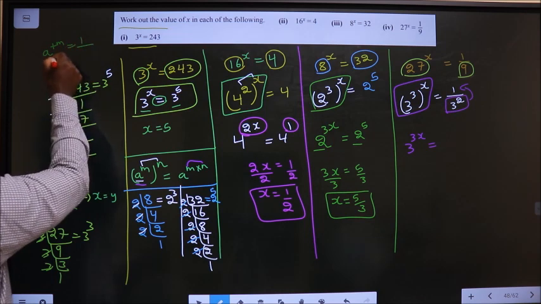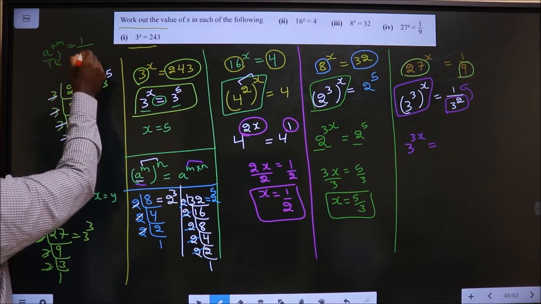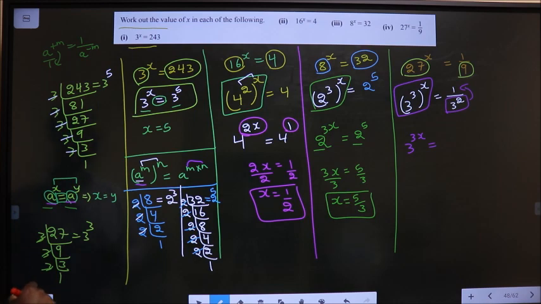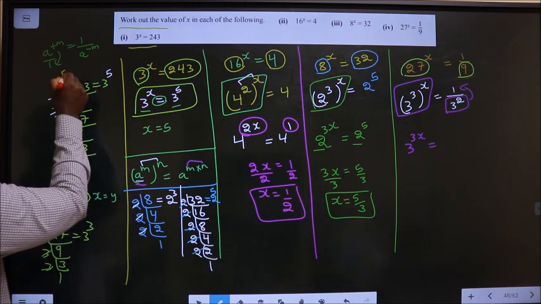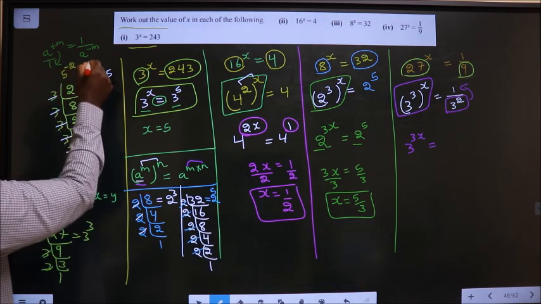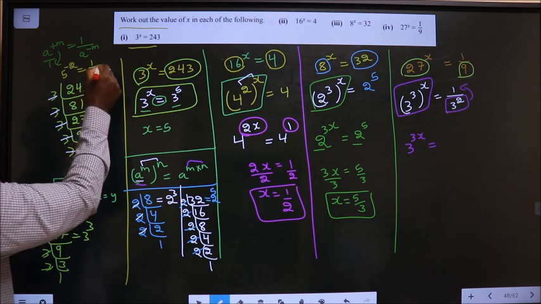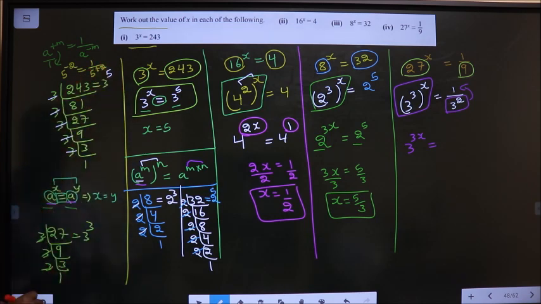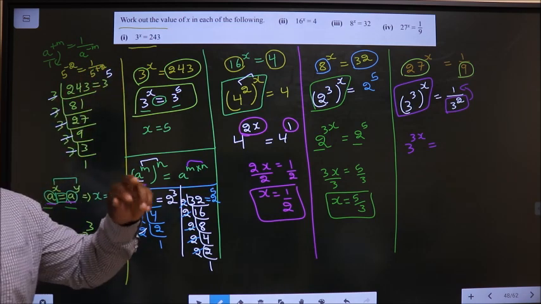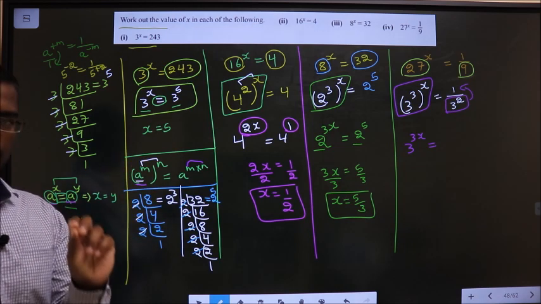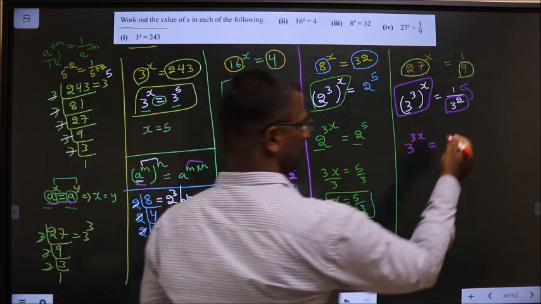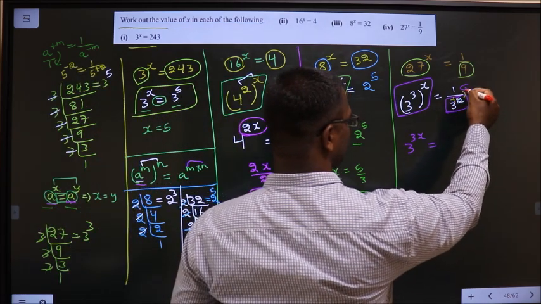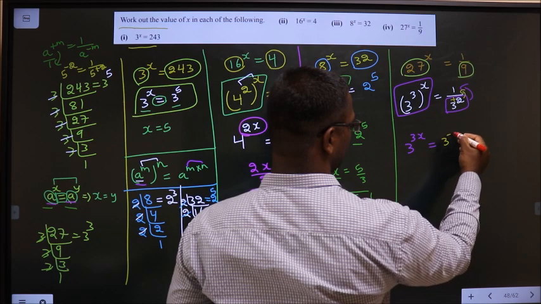If you are taking it to the denominator, sign for the power will change. Another example, if it is 5 power minus 2, if I am taking to the denominator, sign for the power will change to plus. When you are shifting up or down, the sign for the power will change. So here it is plus 2. When it comes up, it will become 3 power minus 2.